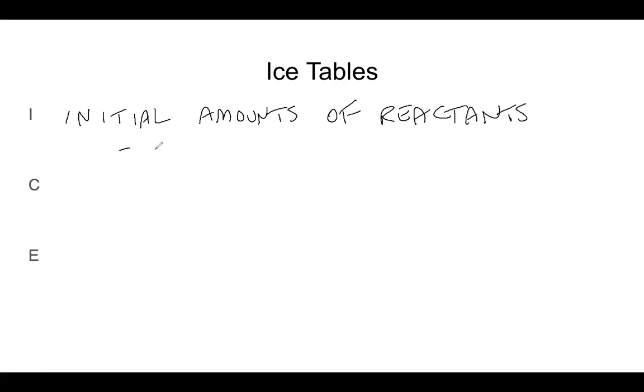And we are going to be using moles for this. We can actually use anything that has the same relationship as our coefficients in the balanced equation. For now, we'll be using moles or molecules.